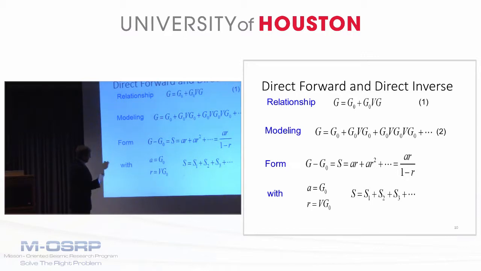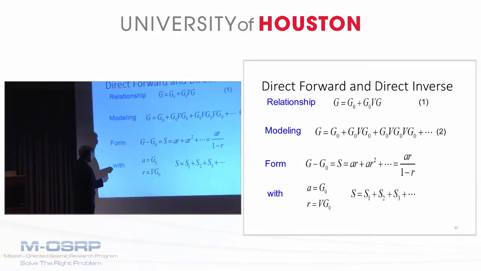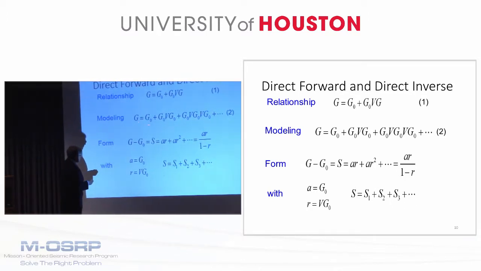So if we just humor ourselves and say for a minute that this is some kind of Taylor, some kind of geometric series, if we associate G minus G0 with S, then this looks like AR, AR squared, and so on. And if we, again, just to keep ourselves entertained, assume that R is less than 1, yes?